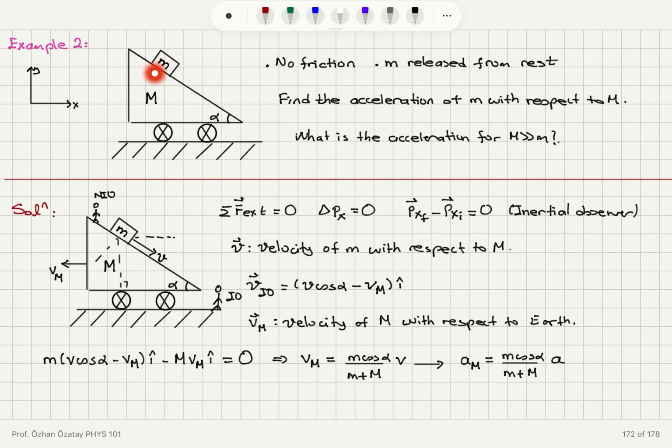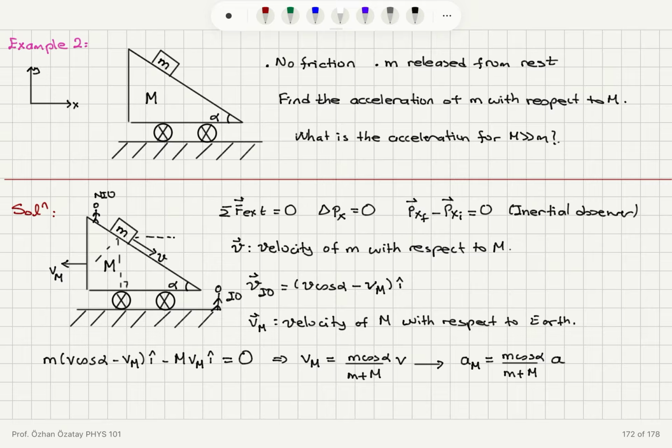And I want to know what is the acceleration of m with respect to capital M. So if it's with respect to capital M, that is acceleration of m reported by the non-inertial observer. Why? Because capital M will start accelerating as m accelerates downward. First, I found the relationship between these two accelerations: acceleration of capital M reported by the inertial observer and acceleration of m reported by the non-inertial observer.